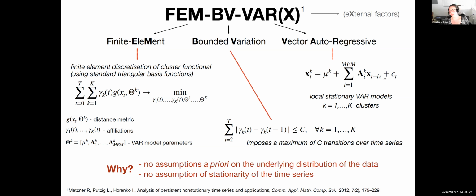At the base of this, the method assumes that you have a certain number of clusters of your data, and they behave like local stationary vector autoregressive models. So you define a priori, okay, I think there will be 5 clusters or 6 clusters, and they will all behave like a different VAR model.